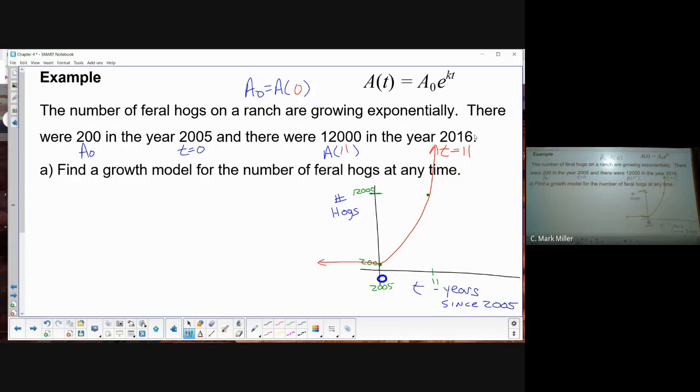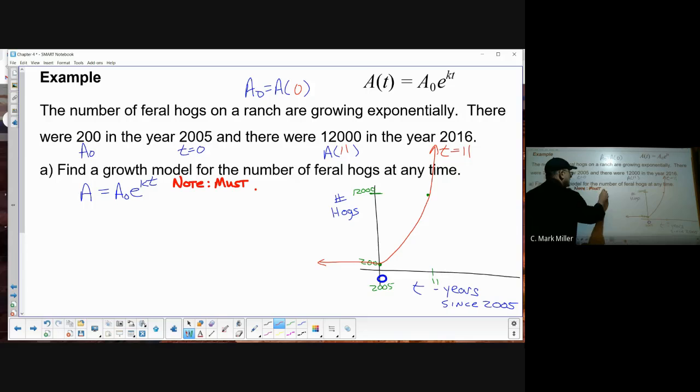All right. Find a growth model for the number of feral hogs at any time t. So our model is this: A, that's a future amount, equals A0 e to the kt. Note, we must find two things.